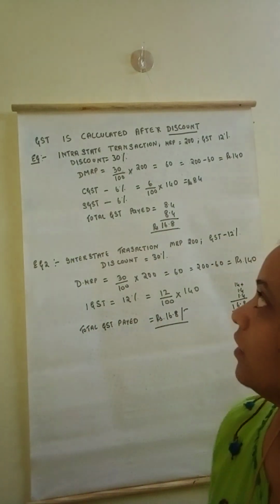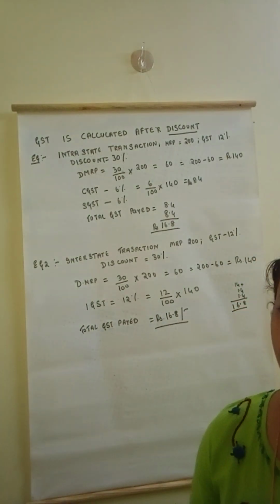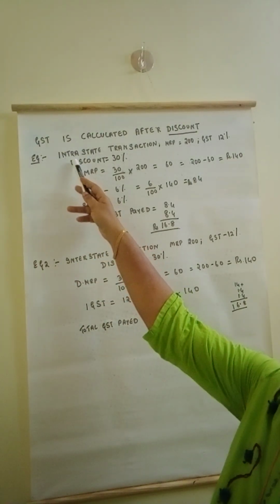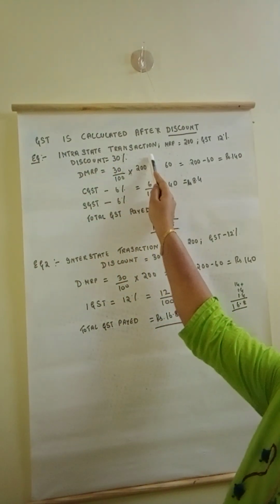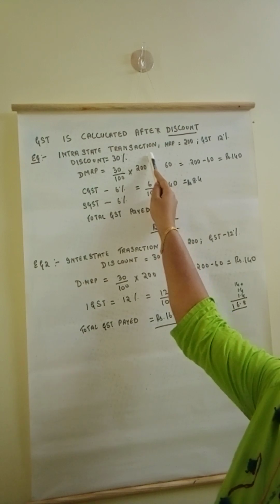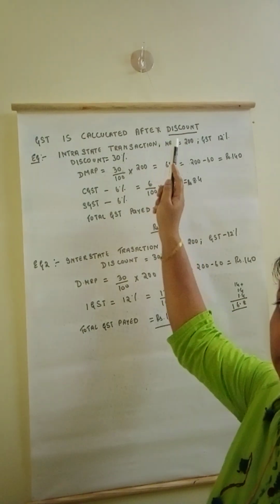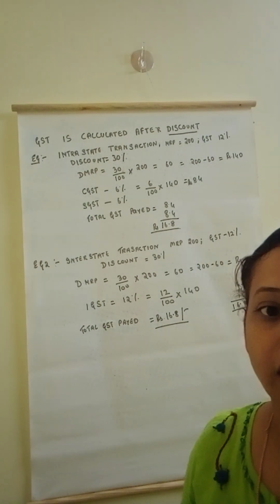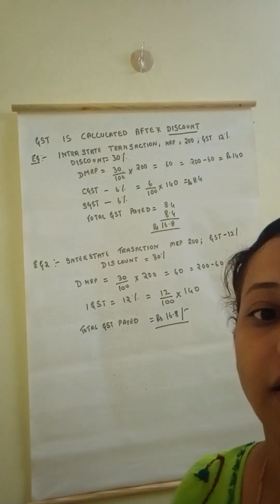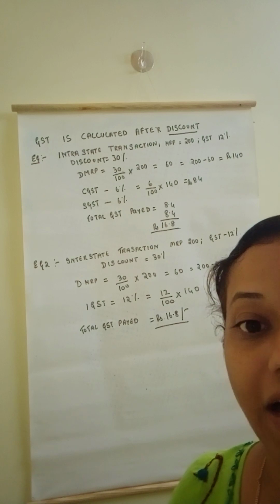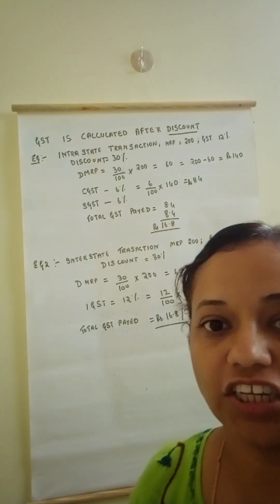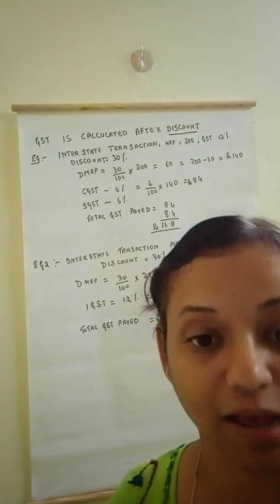In the first case, we say that there is an intrastate transaction. As I told you in my previous videos, intrastate means within the state. If it is within the state, the central government and the state government equally share the taxes, so CGST and SGST is applicable.